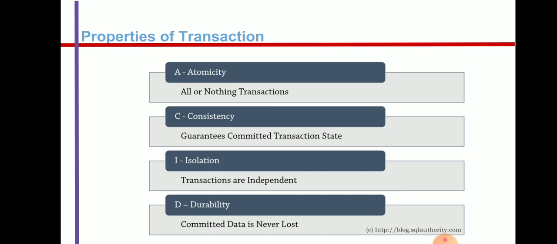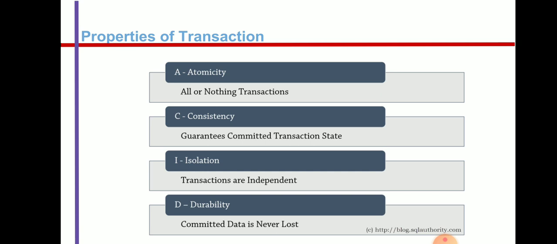So the database will change its state when the transaction has happened. For example, when the money was deposited in the second user's bank account, it will change the state. It would not change the state of that account before the money was deposited.